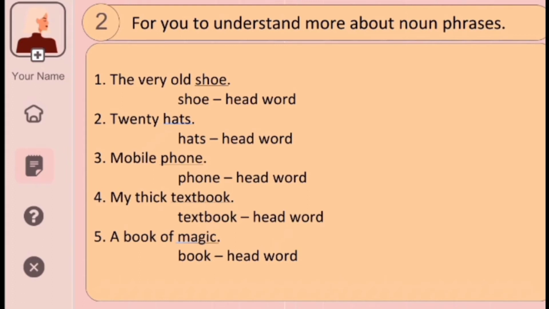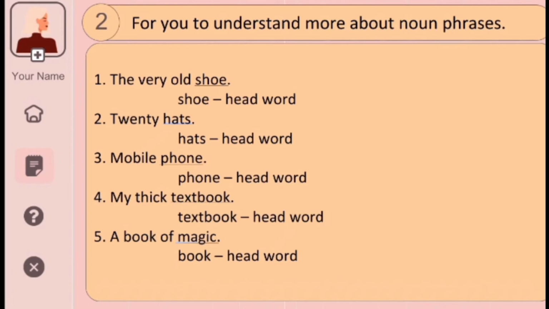So number 5, a book of magic. This is a fascinating example because the modification comes after the head noun instead of before, as shown in the other examples. So we have 2 nouns here, book and magic. And even though magic is a noun and it's at the end of the phrase like all these other head nouns, it's actually not the head noun, because magic is modifying book and the book is not modifying magic.